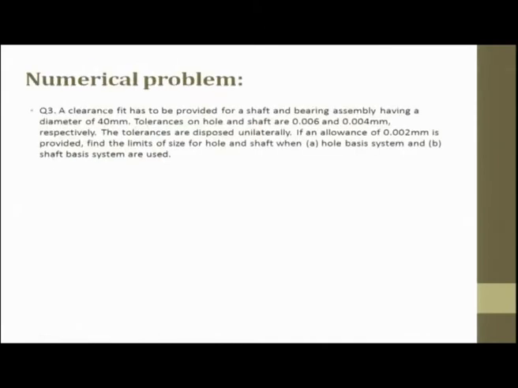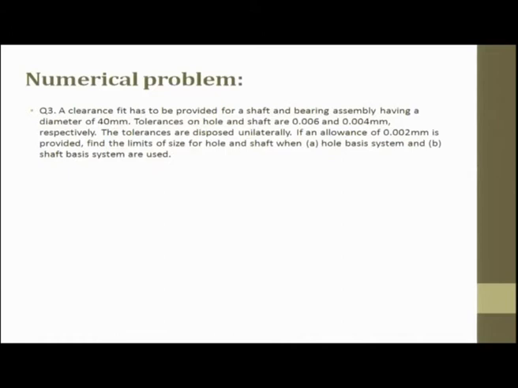So, continuing from yesterday's lecture, we will try one more problem so that we have more clarity on how to solve these problems. A clearance fit. What is a clearance fit? Where the hole size is larger than the shaft, so the shaft can slip inside. The clearance fit has to be provided for a shaft and a bearing assembly having a diameter of 40. So, the basic size diameter is 40.